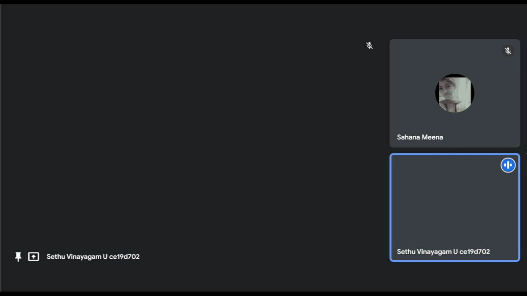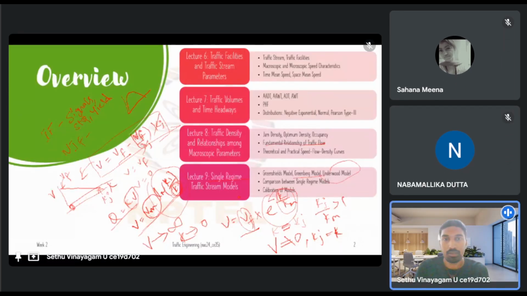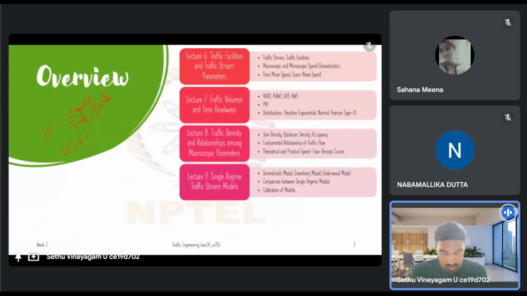So e power minus of that is still going to be some positive value, and that multiplied by Vf is again going to be a positive value, which means speed is not equal to 0 when k is equal to kj. This is also not logical because at jam density the speed is 0. So this part is not captured by the Underwood model.